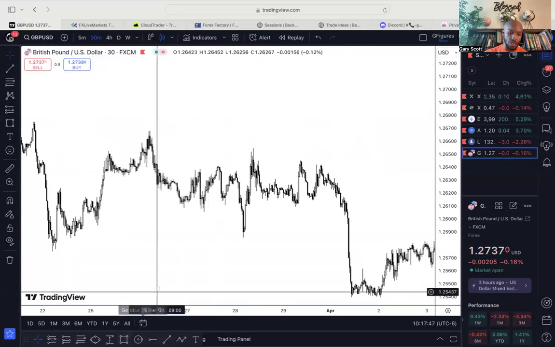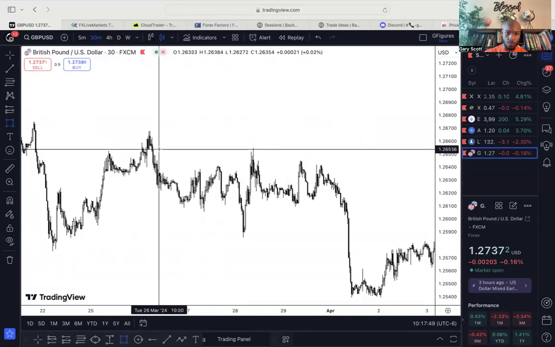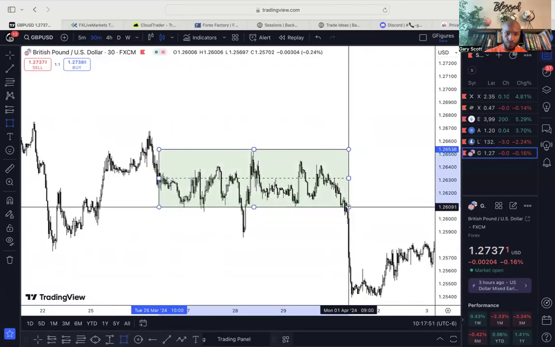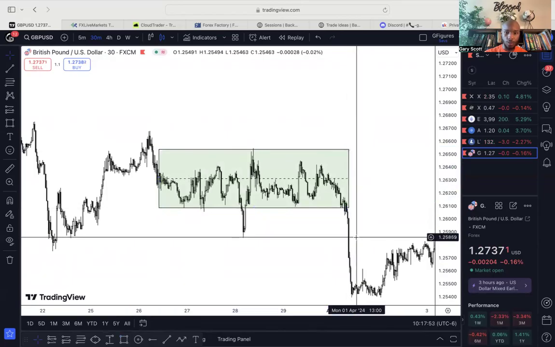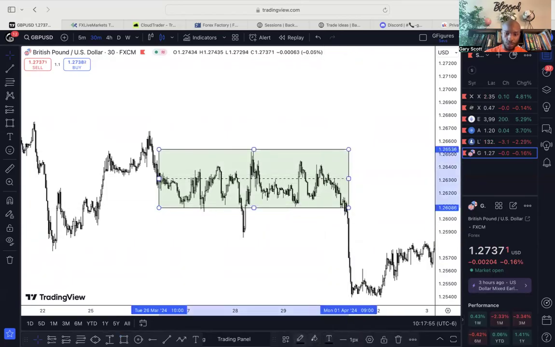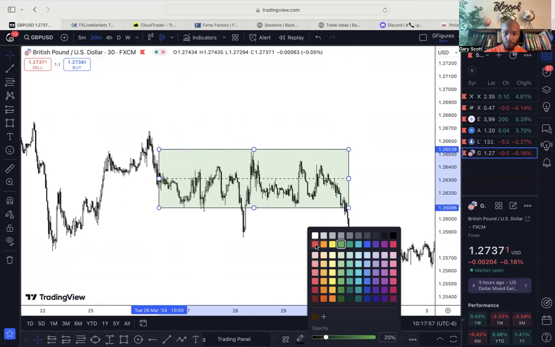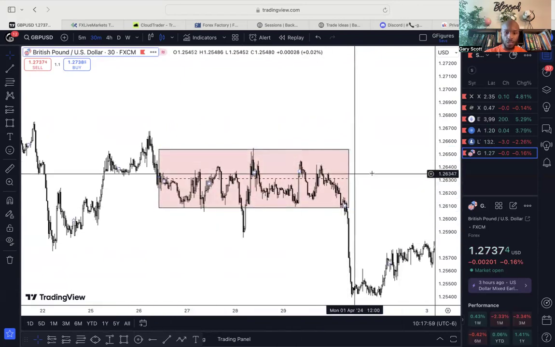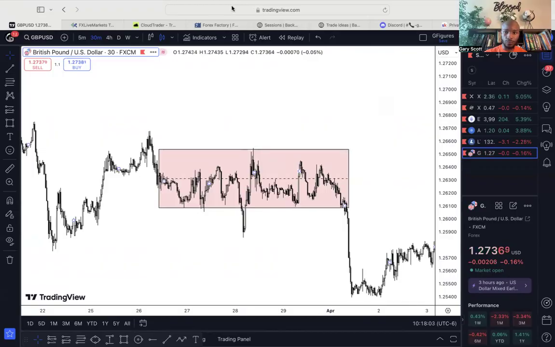All right, can anybody tell me what this particular market is right here? We just went over it, but I want you guys to tell me what type of market that is. Ranging consolidation, great.